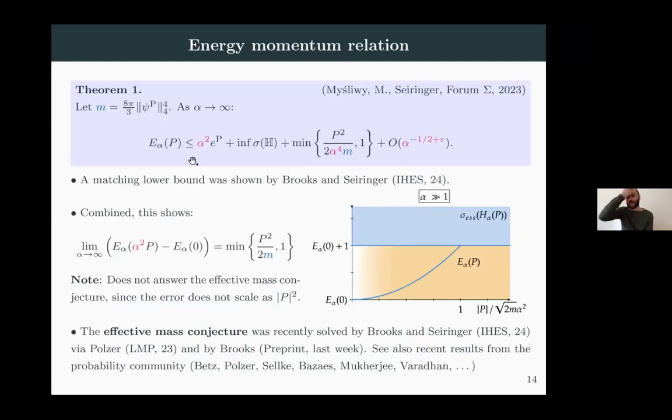And I don't want to say much about the proof of the statement, which is based on testing the energy with suitable trial states. But let me just mention that the difficulty that arises comes from the fact that we have to really fix the total momentum, right? So we have to work in this fiber picture that I introduced before. And the complication is due to the fact that the semi-classical energy, the leading order, really arises from the semi-classical picture.